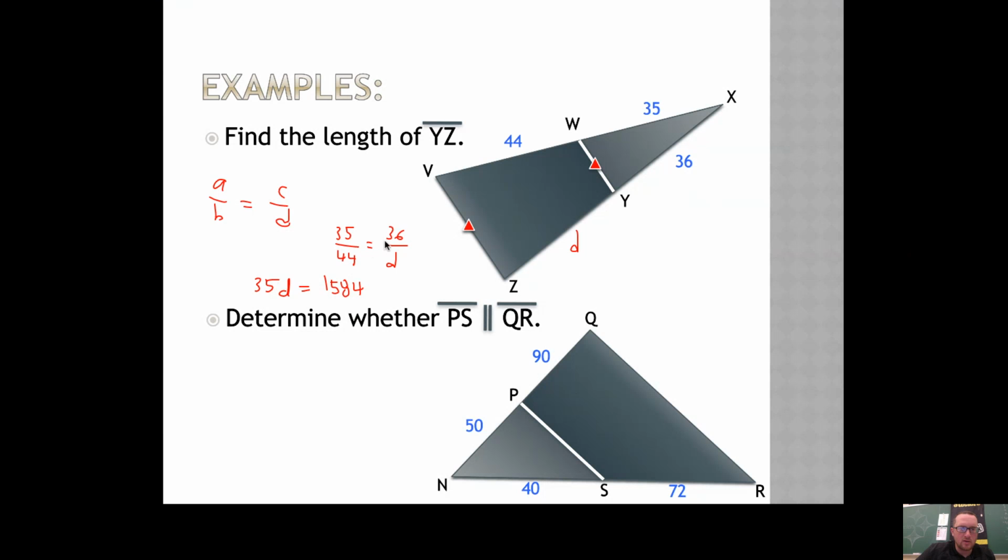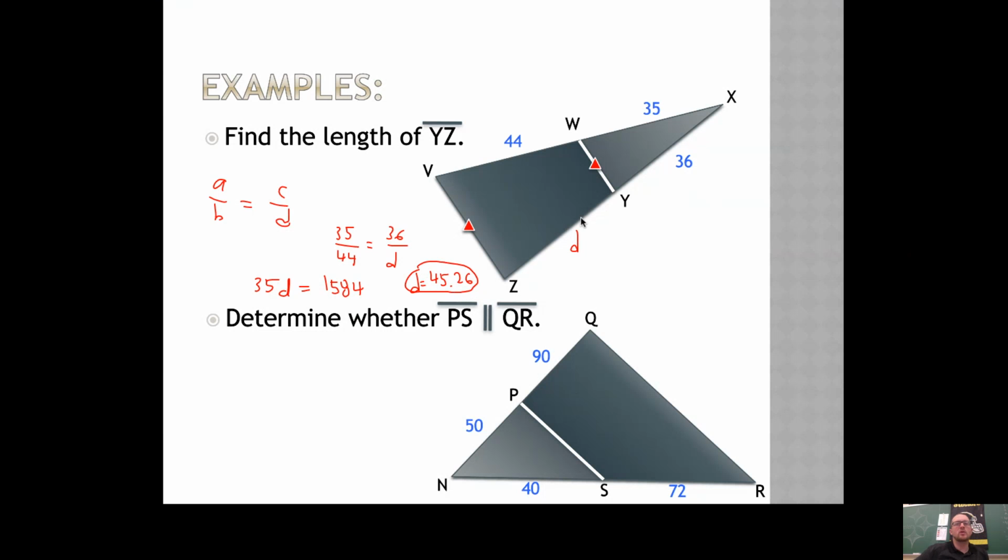Obviously, this cross product, 1584 divided by 35, is going to give you your answer. So 1584 divided by 35 gives us an answer, and it's a decimal. .26, we'll call it when we round to the nearest hundredth.